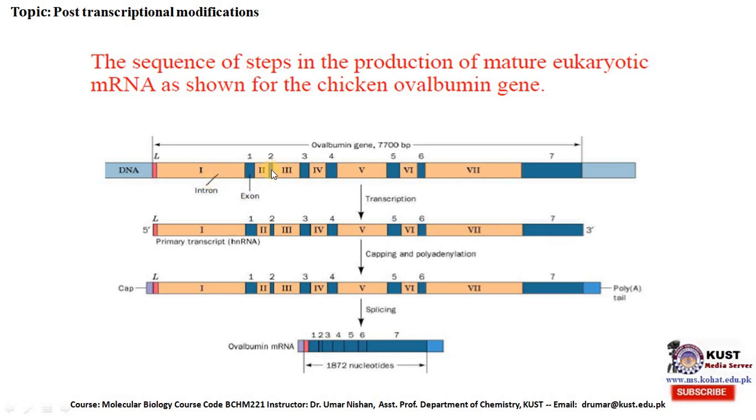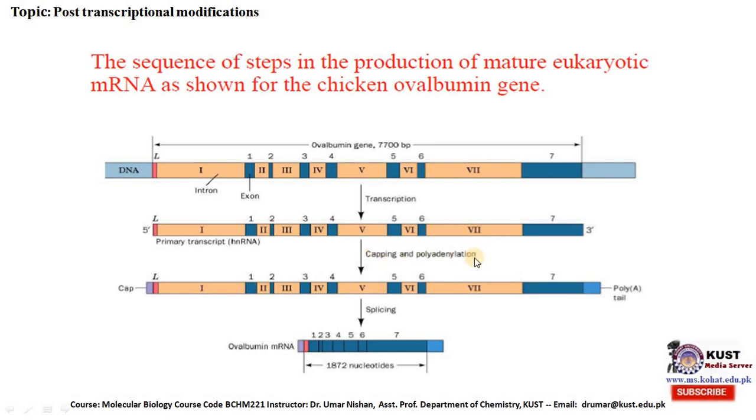Intron, exon, intron, exon. So it consists of this primary transcript, which is 7700 base pairs, consisting of introns and exons. Now, after transcription, we get the primary transcript, which is the hnRNA.